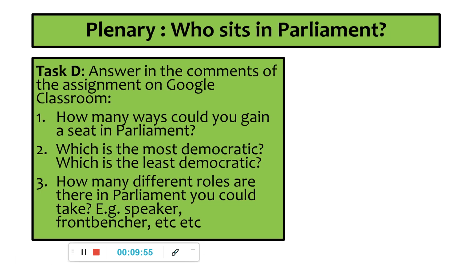And so the plenary, which most of you anyway submitted on to Google Classroom in the comments, was very, very interesting. The point I wanted to make with these, so thank you for them, was there are multiple ways to gain a seat in Parliament. You could inherit it from your parents if you're a hereditary peer, you could be a bishop who's given that role, or you could be a life peer in the House of Lords and given that role.